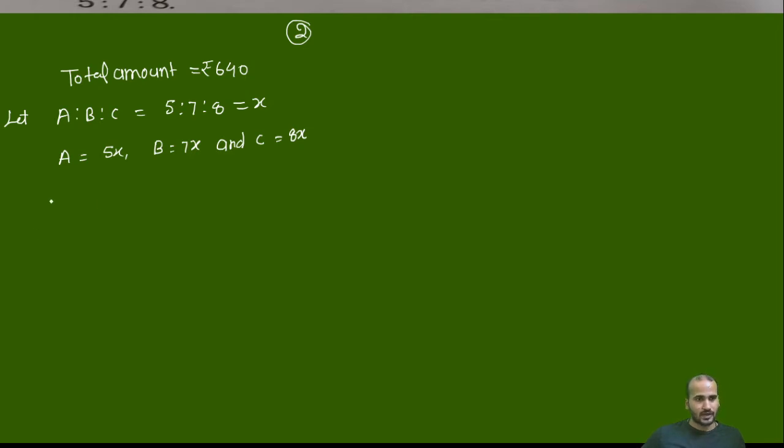Okay, now the total sum of the ratio. Just write the part of A. So this will be 5 upon 5 plus 7 plus 8, into the total amount, which is 640.